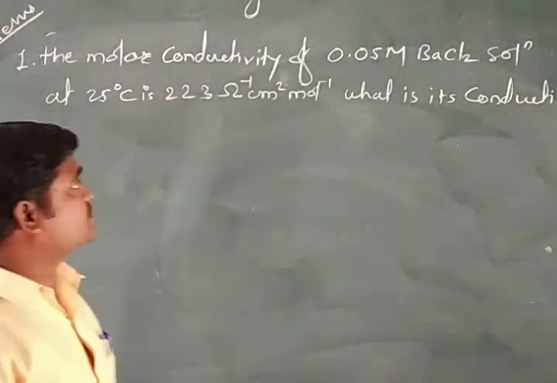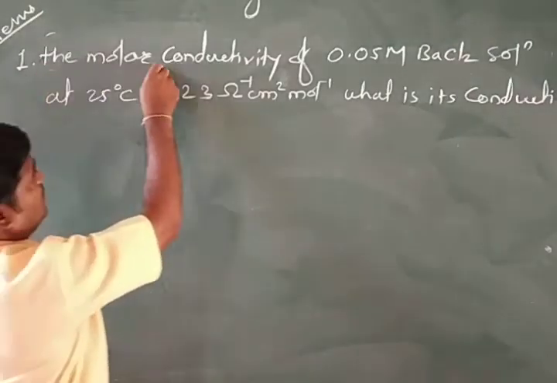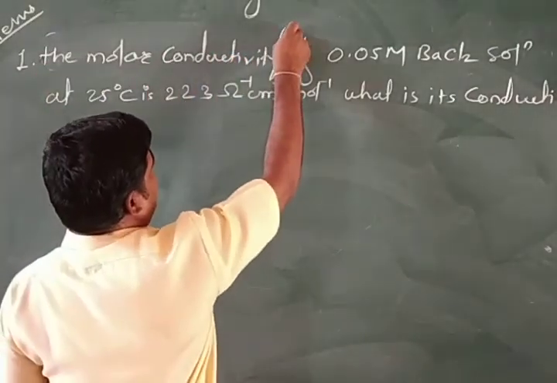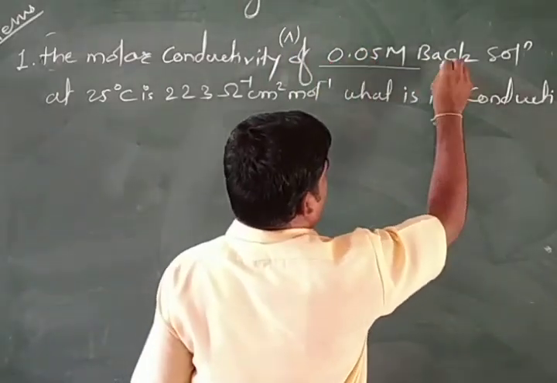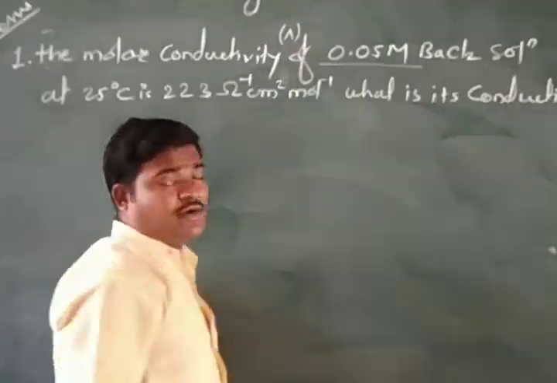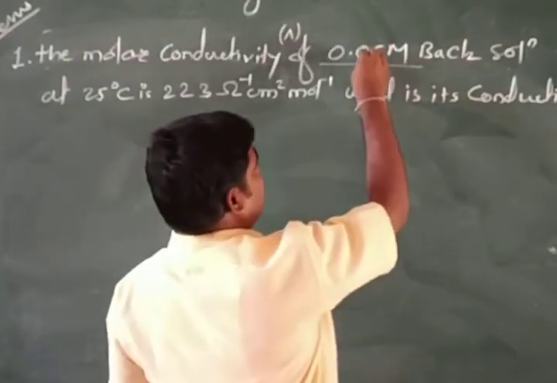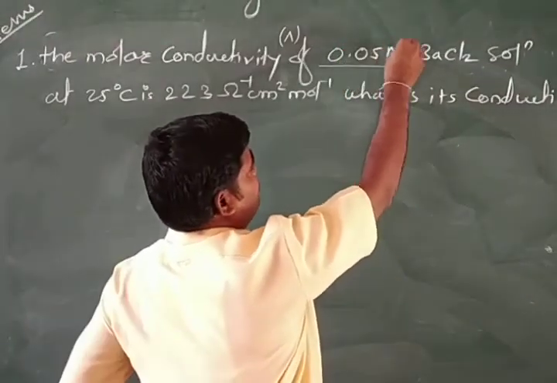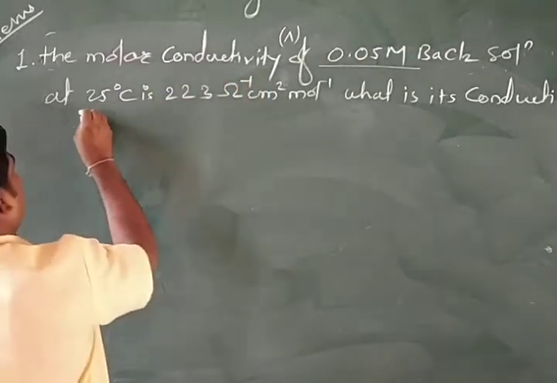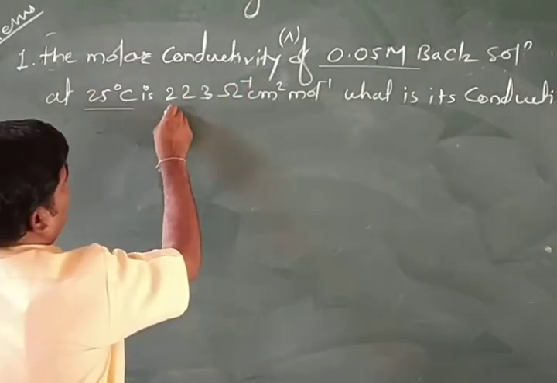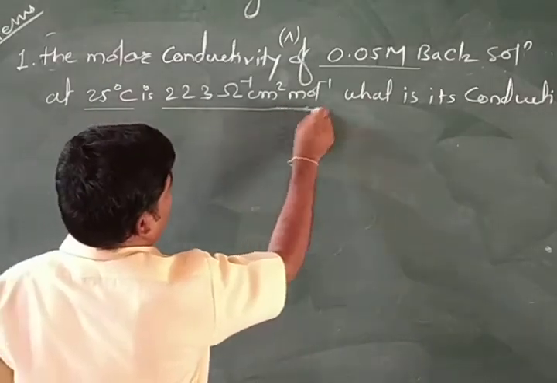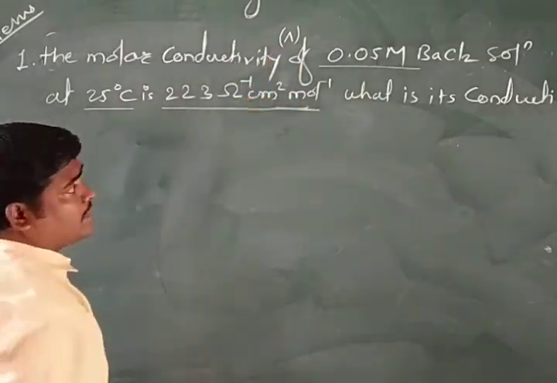Again, I will repeat this problem. The molar conductivity, that is lambda, of barium chloride solution is given. The concentration of that solution is 0.05 molar, the temperature given is 25 degrees Celsius, and this is the value of lambda.